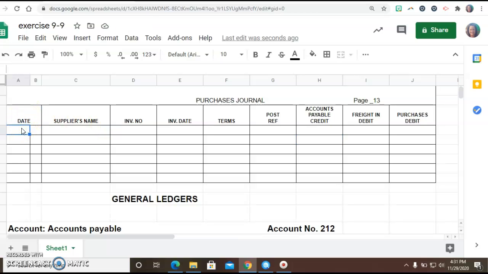Looking through our transactions here, on May 3rd we bought 10 lawn rakes from Owens Company. It gives us an invoice number, and then it says terms net 15 days. I'm going to explain what that means in just a minute. Our supplier's name is Owens Company.